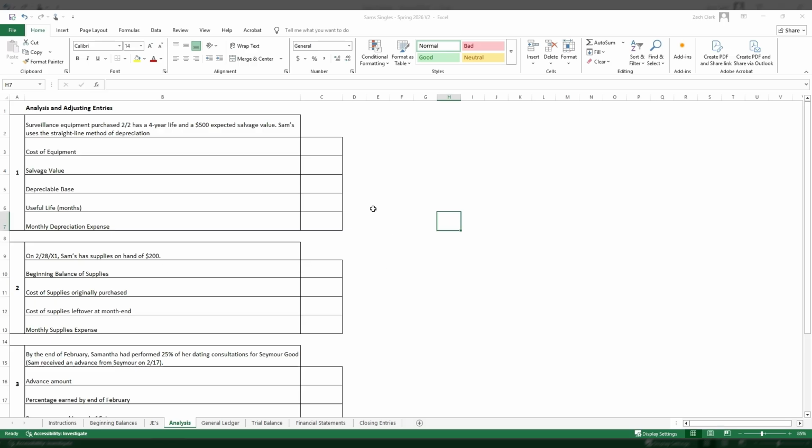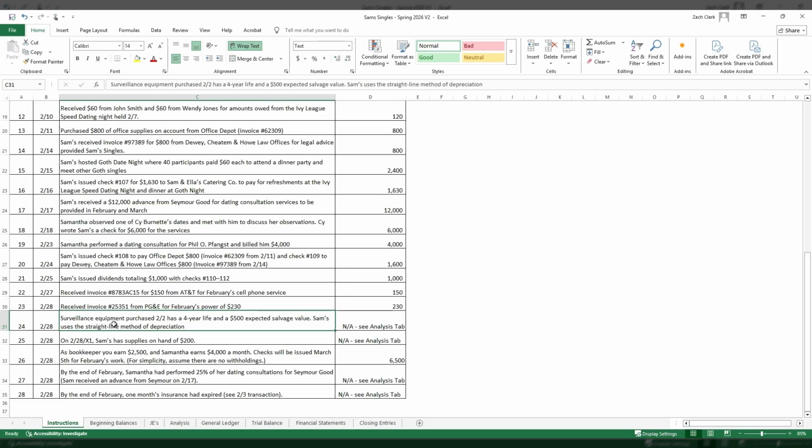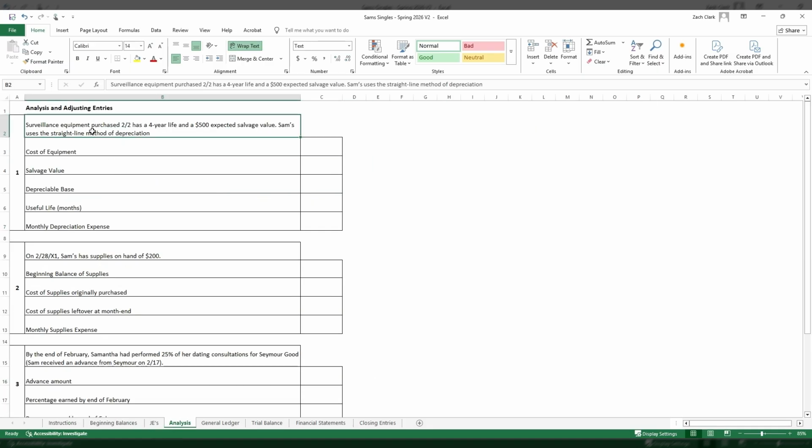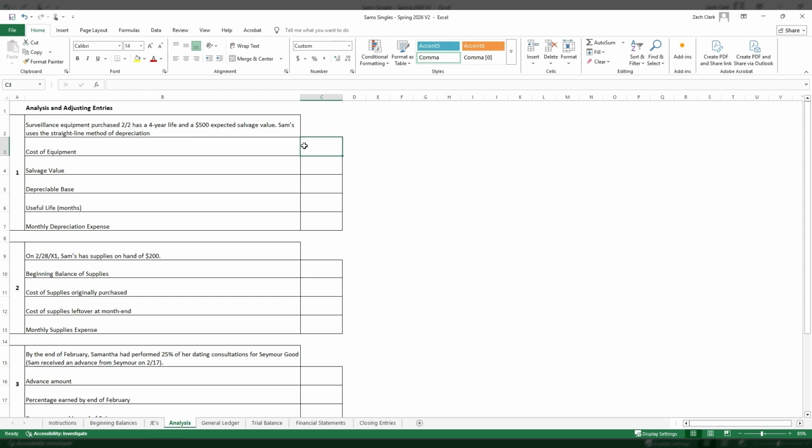Okay, so when we're doing our analysis related to the adjusting entries, we're going to need some specific information. Essentially that information is included here, but it's also provided in our analysis templates here, if you will. So let's start and see what we need to analyze.